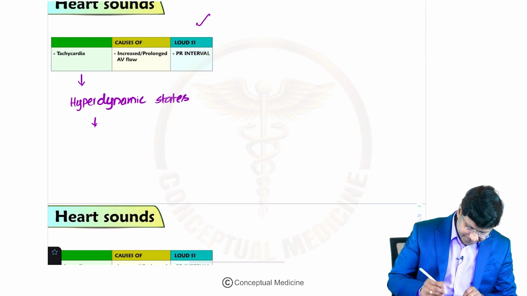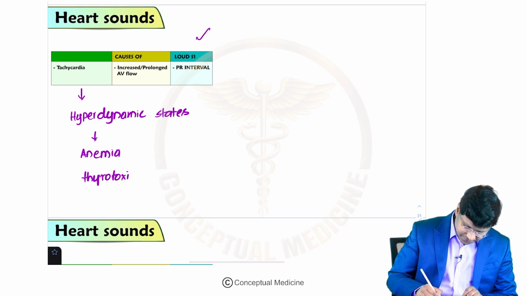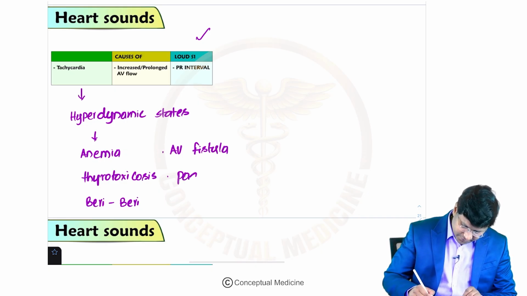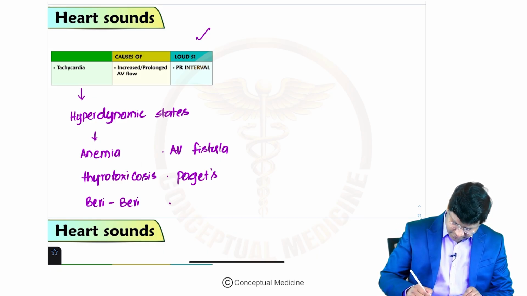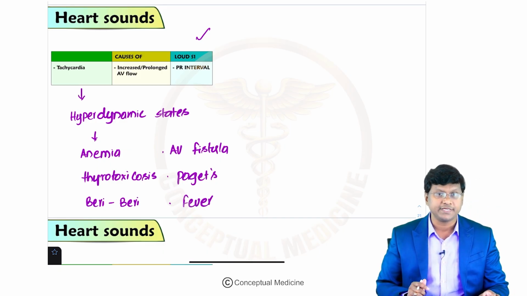That includes anemia, thyrotoxicosis, beriberi, AV fistula, then Paget's disease of bone, then fever. These are all the hyperdynamic states where you have the presence of tachycardia.